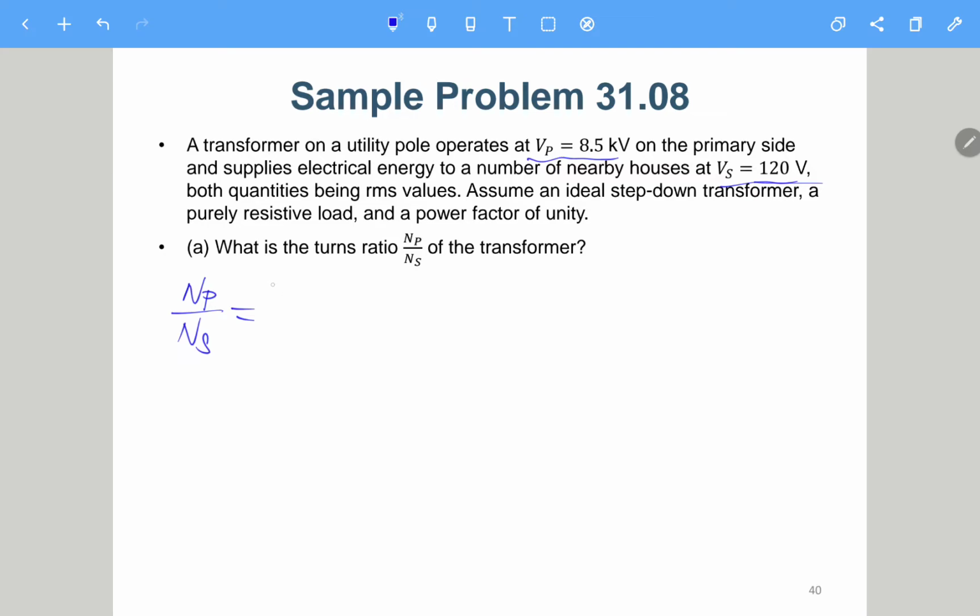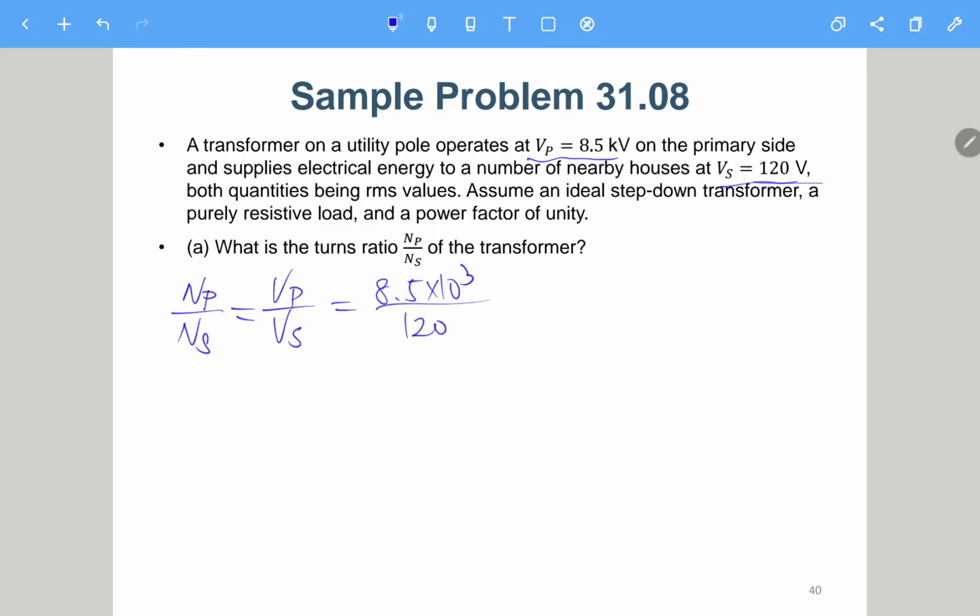So we have Vp over Vs, which is 8.5 times 10 to the third power over 120.